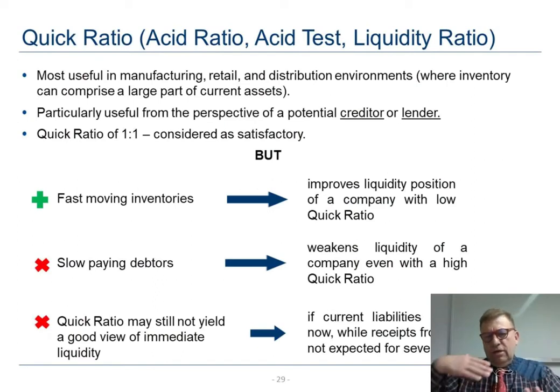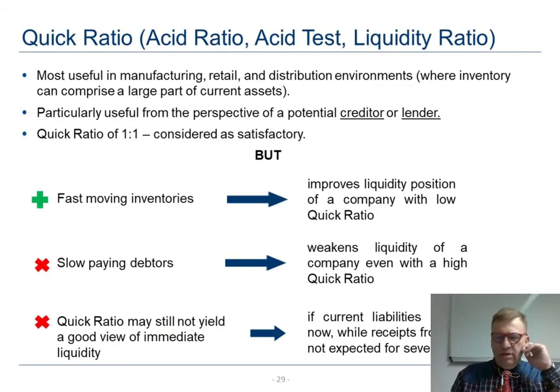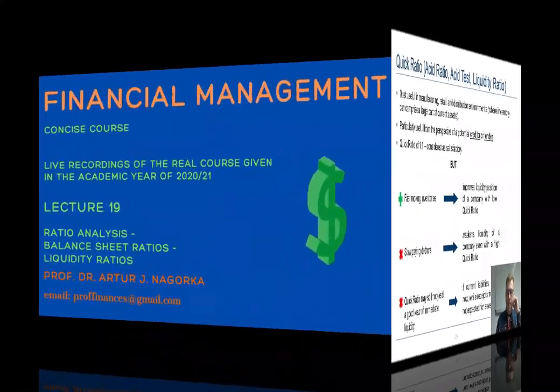So even with a high or satisfactory quick ratio, it may not be enough in the analysis of the company if there is a discrepancy between the time your current liabilities are payable, right now or very soon, while some part of your liquid assets, such as receipts from receivables, will come in at a much later time.